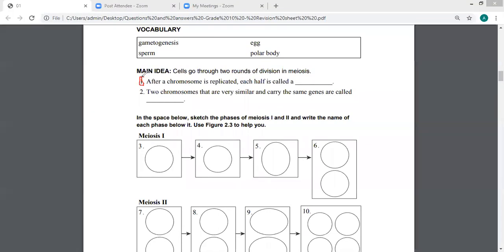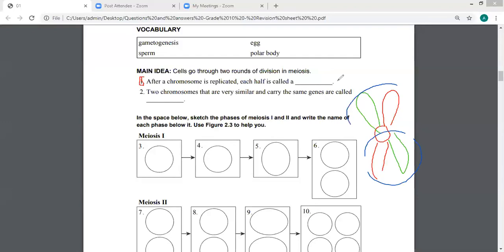First one. After a chromosome is replicated, which means the chromosome duplicated, each half is called a space. Before the duplication, the shape of the chromosome is like this. After duplication, it is like this. And the question asks about the half of the chromosome.